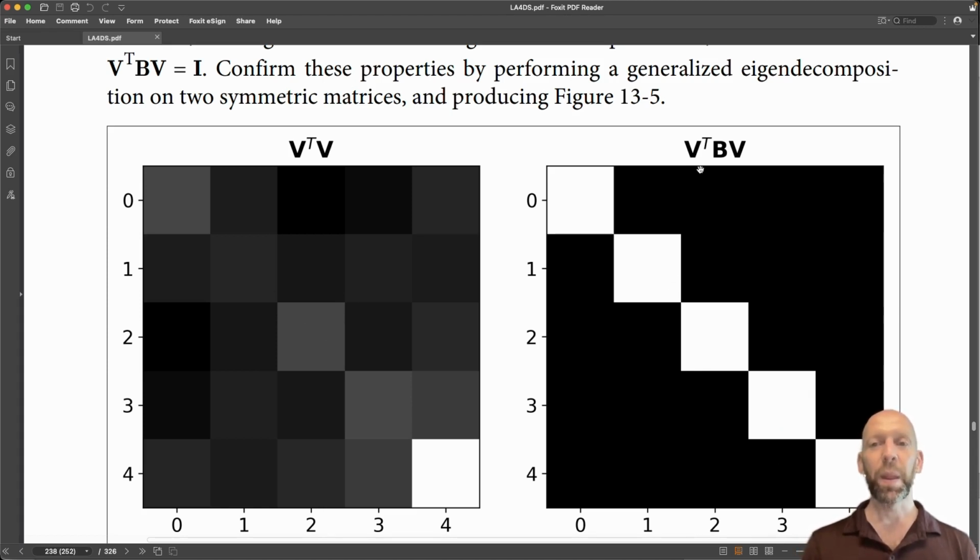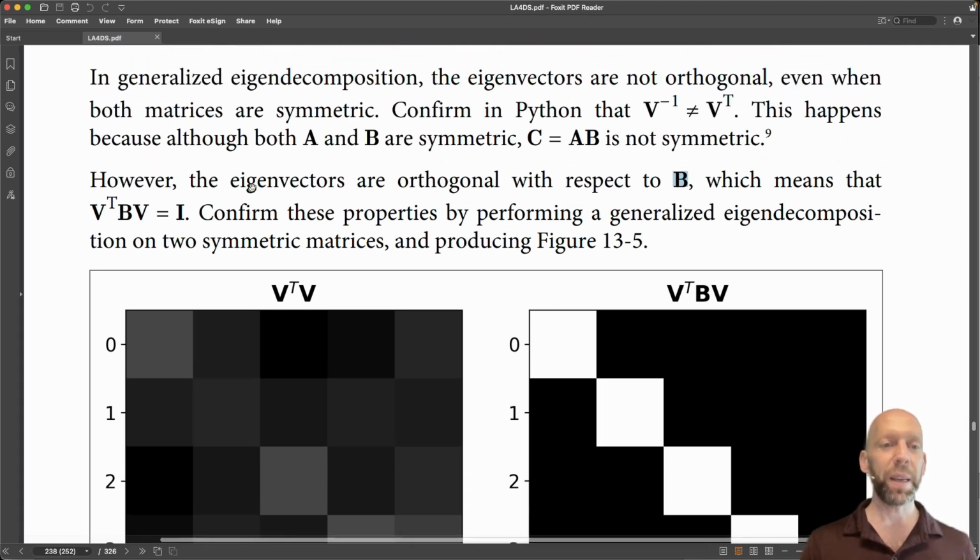So V is orthogonal in the space of B. This is pretty interesting to think about, because imagine B is the identity matrix, then this would hold, right? Because then we just have the identity matrix implicitly in here. And if B is the identity matrix, then the generalized eigendecomposition works out to be a regular eigendecomposition with the other matrix being the identity matrix.